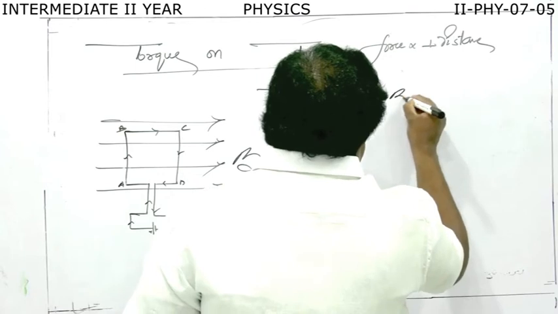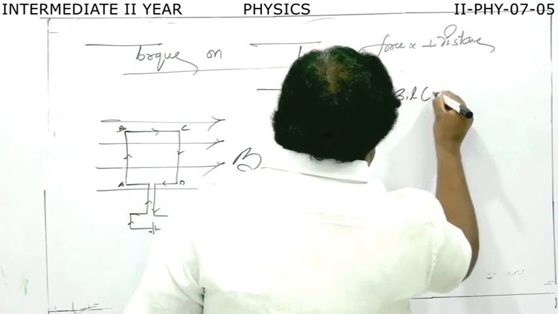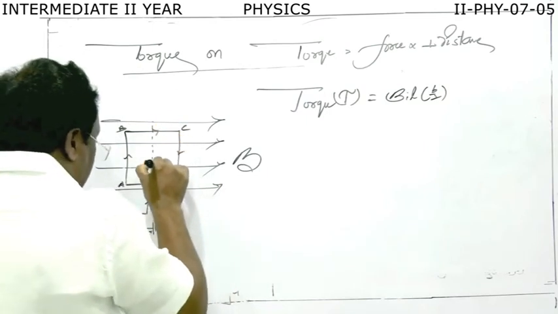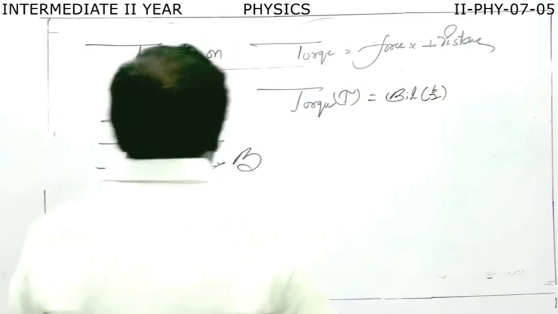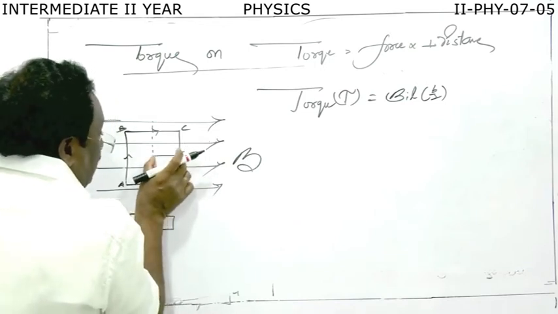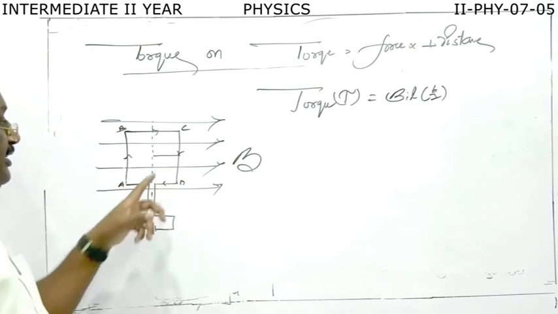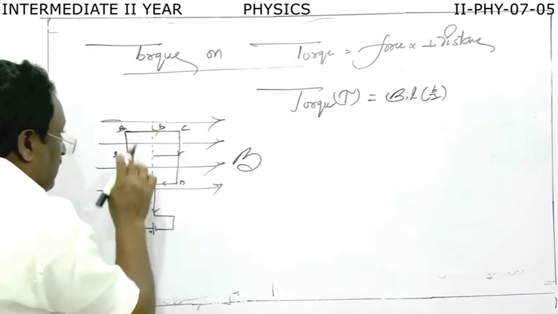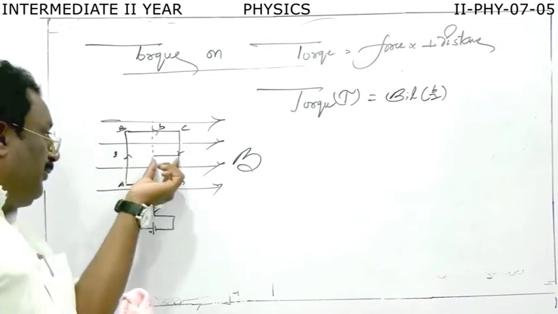Force is equal to BIL. This is its axis. The distance between these 2 is called perpendicular distance. This is the width, and this is the length of the coil, L. So we take b by 2, b by 2.